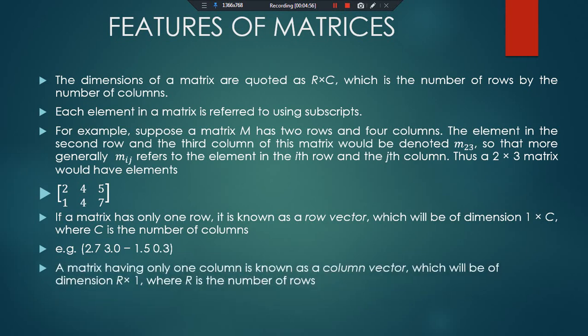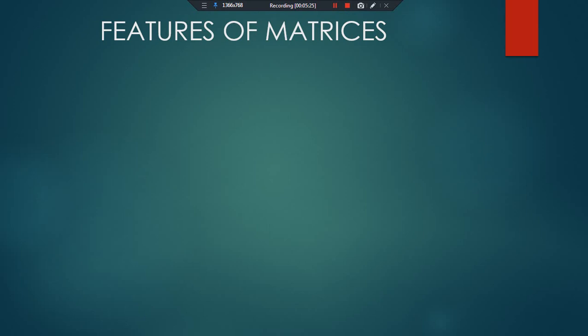And when a matrix has only 1 column, it is known as a column vector, which will have dimension r cross 1, where r is the number of rows and 1 represents the number of columns. We can say that 7, 5 and 2 has only 1 column and 3 rows, so this is known as a column vector.